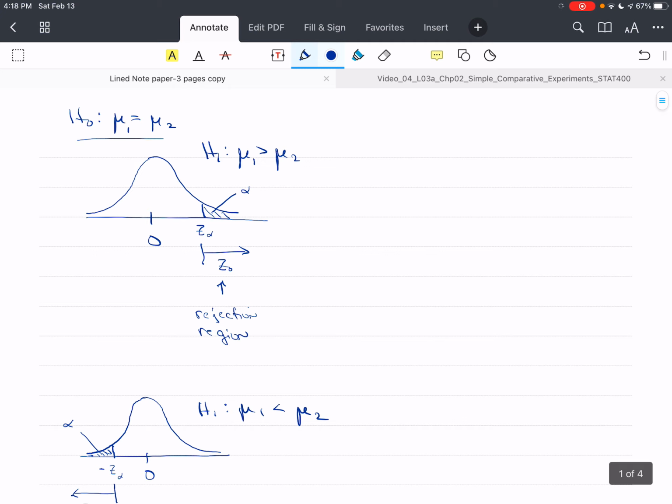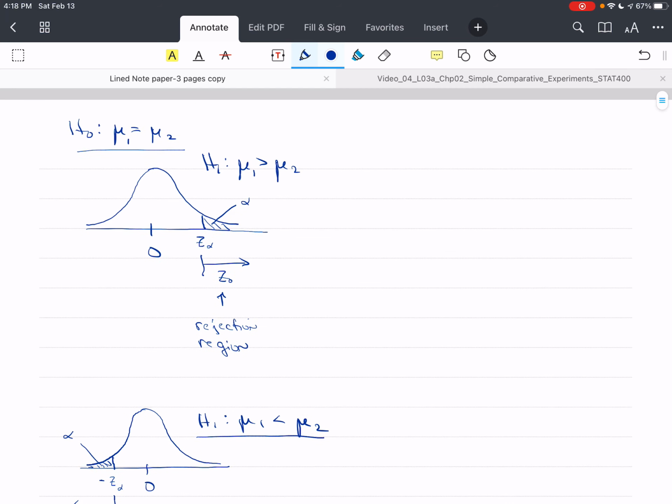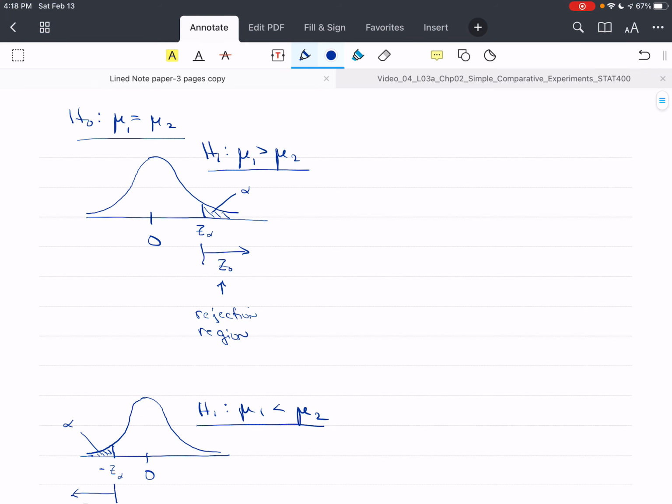So again, the null hypothesis, mu1 equals mu2. I'll start with the case where mu1 is greater than mu2. The reason I'm starting with this is because of the definition of a critical value, z sub alpha. Remember that z sub alpha is a critical value, and it's a positive value as long as alpha is less than 0.5, and that is the usual case.